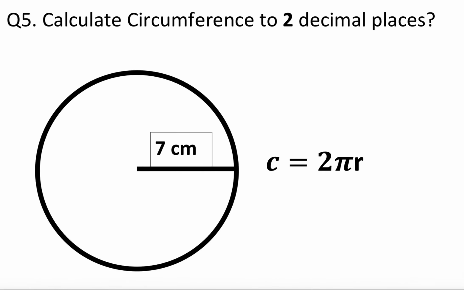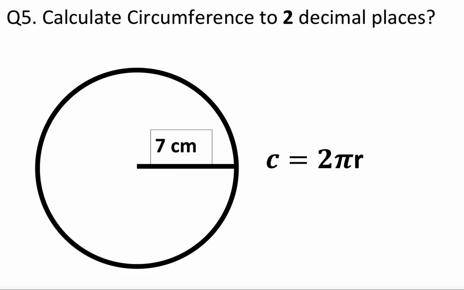Question 5. It's calculate the circumference to 2 decimal places. Well, given a circle here, the circumference is basically the outer edge of the circle, and anything with a circle is going to involve pi, which we always use in the calculations.